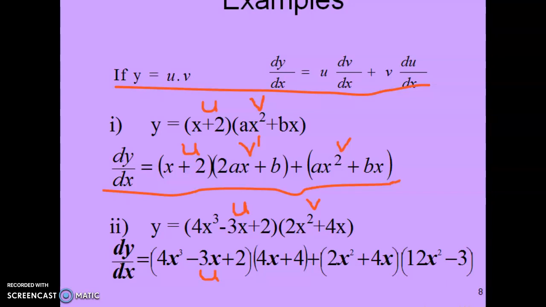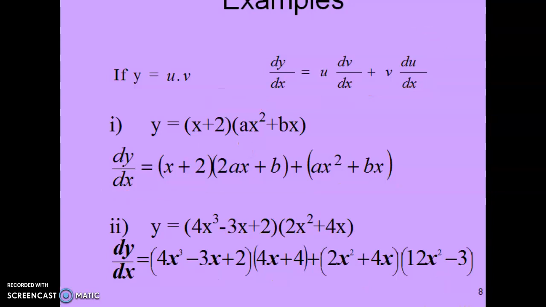This time we started by doing the same thing which we did the last time: v prime, plus, now v is left to stay the same, plus u prime. This is exactly how you do your product differentiation.